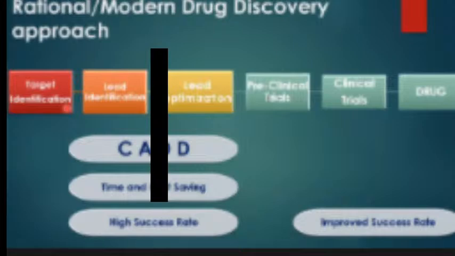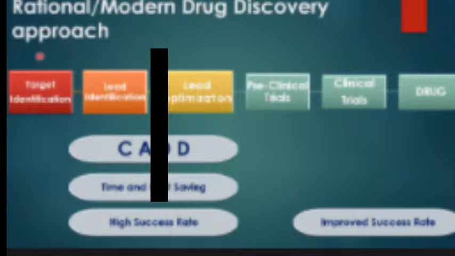That is, you need to identify your target. A target can be any enzyme, protein, or receptor. By the way, receptors and enzymes are all proteins. So here first, you have to identify the mechanism of disease and then the target.